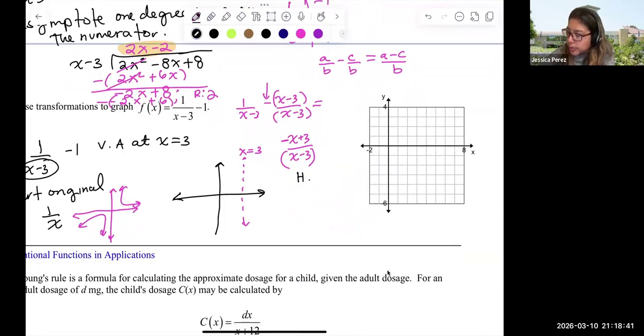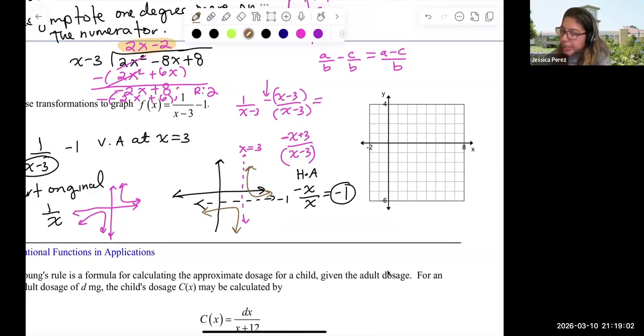And you have a horizontal asymptote. You look at the degree, you have a negative x over an x. This is a -1. So now I will have a horizontal asymptote at -1, and the graph doesn't do anything else but reach its asymptote. So then all you have to do is place the vertical asymptote and the horizontal.